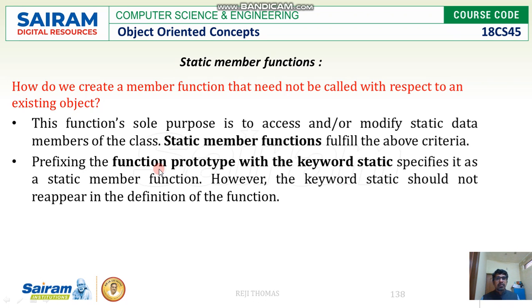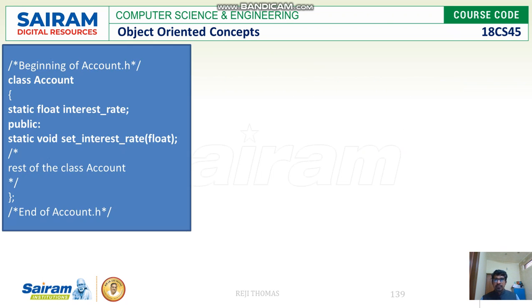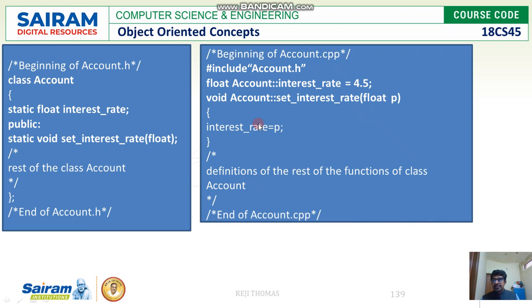Static members are the members which can be accessed without creating an object. So you have to prefix the function prototype with the keyword static. If it is a data member, the data member should be prefixed with the keyword static. So let us see an example.